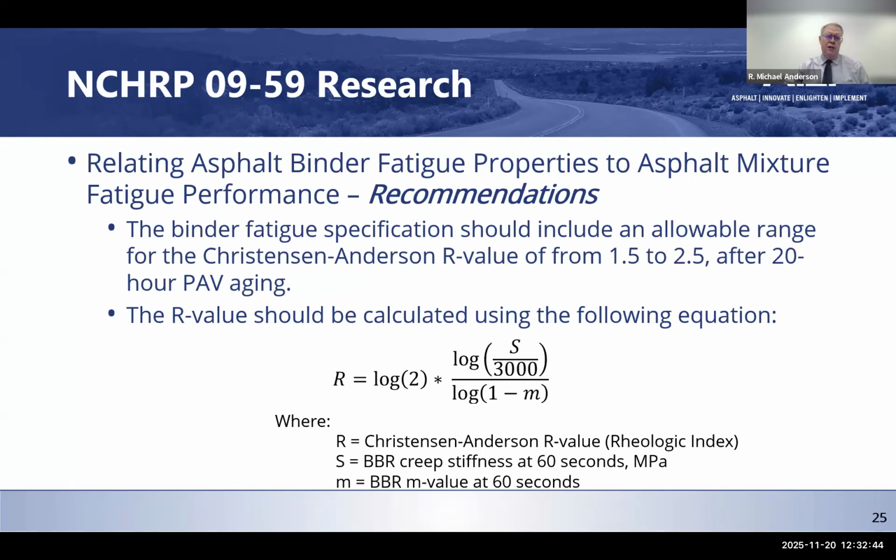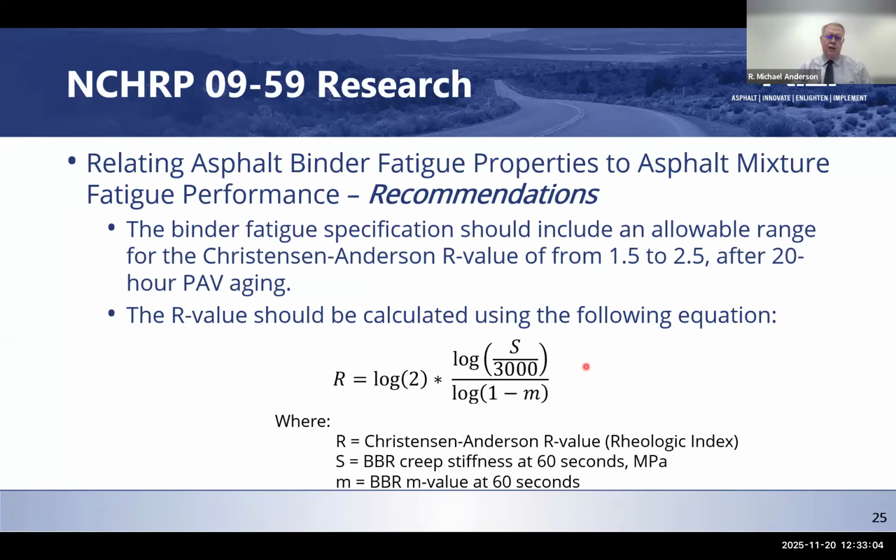In this case, stiffness is shown here as the BBR creep stiffness in megapascals at 60 seconds, and the M value at 60 seconds here. They didn't give any further guidance on that.